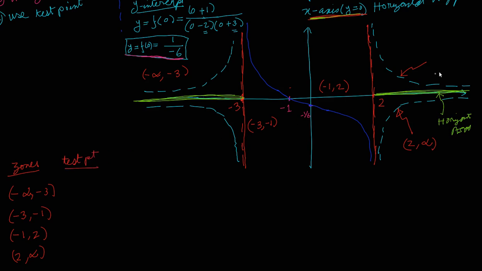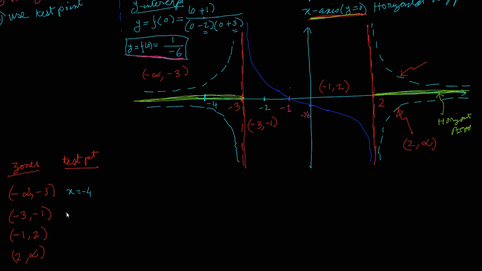All right, let me use another color. From the first zone, I'm going to choose a test point, let's say at x equal to negative 4. From the second zone, I'm going to choose a point at x equal to negative 2.